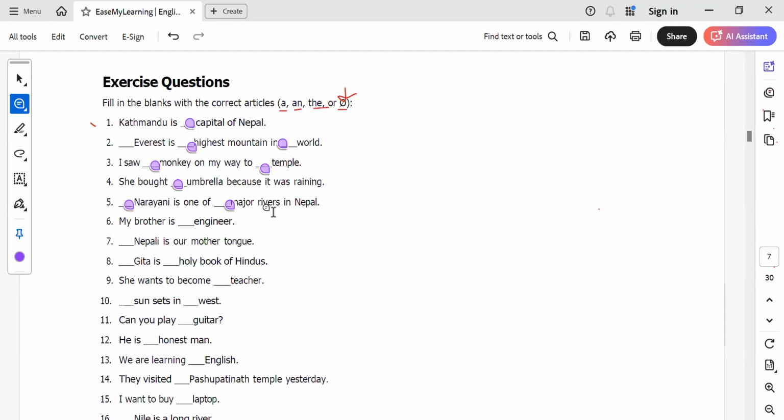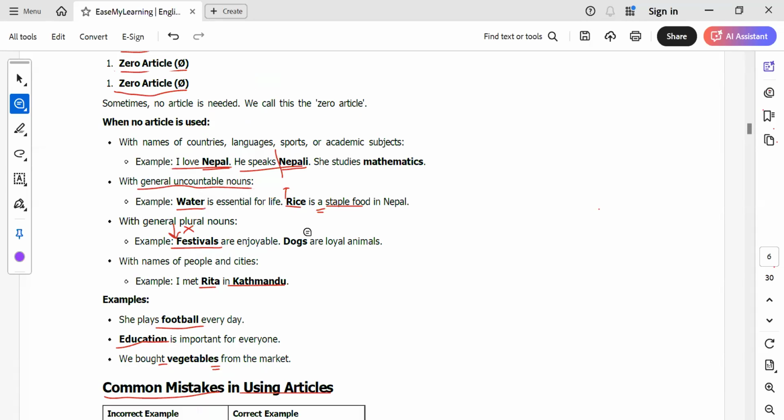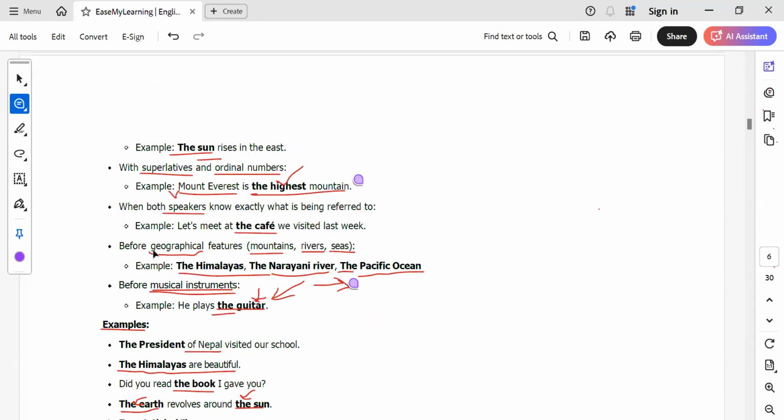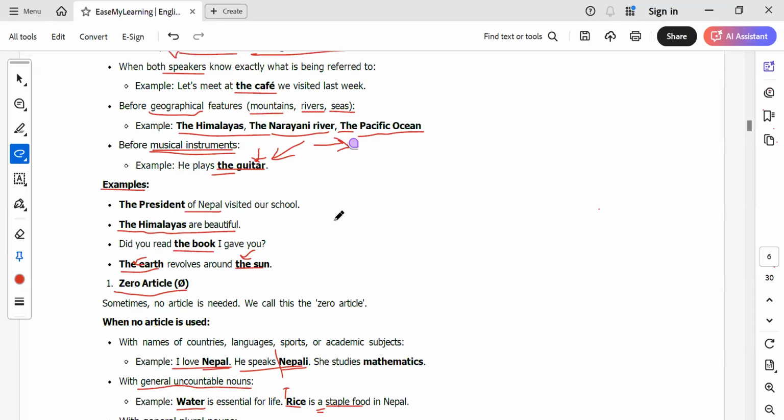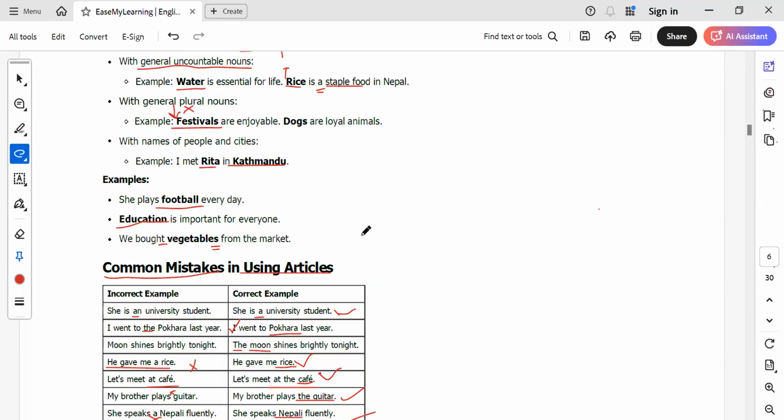So this is something else which we should remember, that whenever we are talking about a river or a mountain range, the Himalayas, any geographical feature, we use the word "the". Once you go through this chapter, it will be clear to you, but it will always be the Narayani River, as we've mentioned here already.